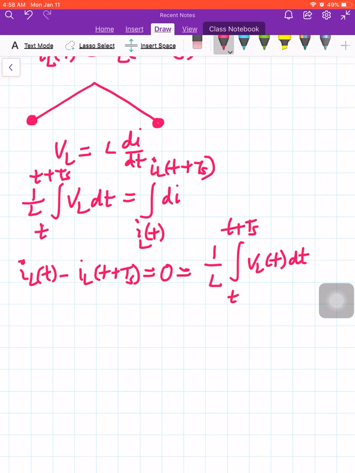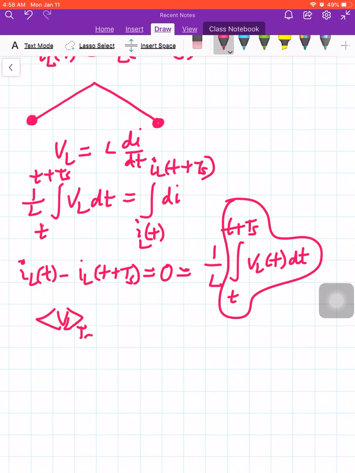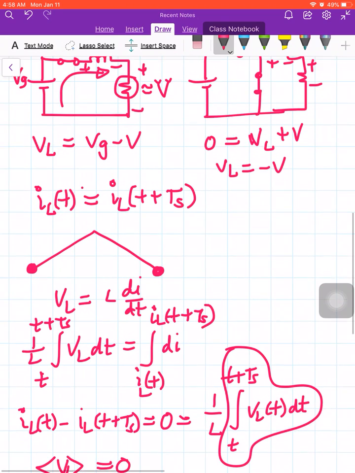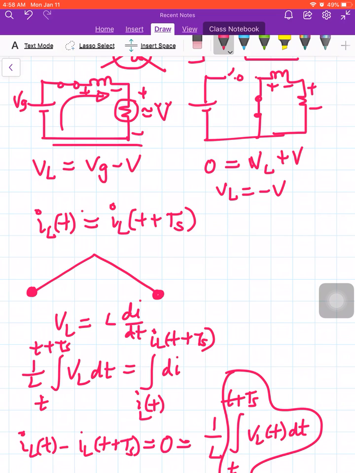From this we can arrive at the fact that the average, I'm using a symbol for this particular integral, inductor voltage averaged over period Ts is equal to 0, right? So let's use that information and try to use these equations.